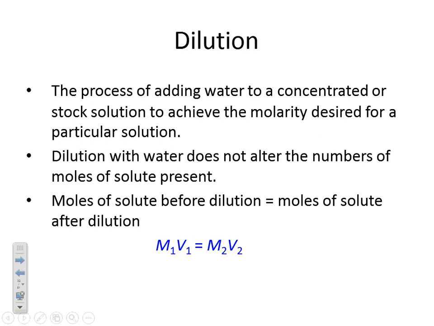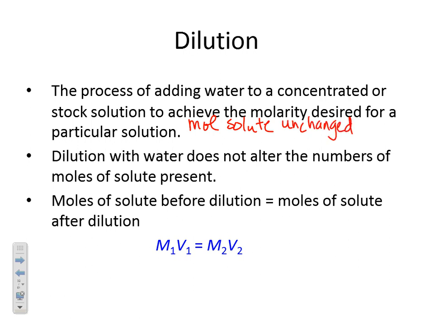So to dilute something means to add water to a solution to basically increase the volume of the solution, which would then decrease the concentration of the solution. Because when you dilute, your moles stay the same. Moles of solute are unchanged.